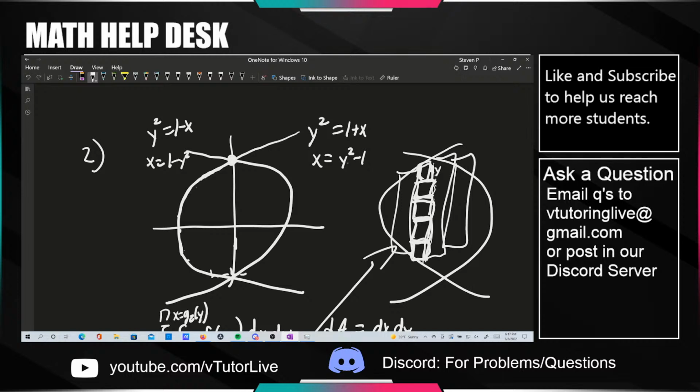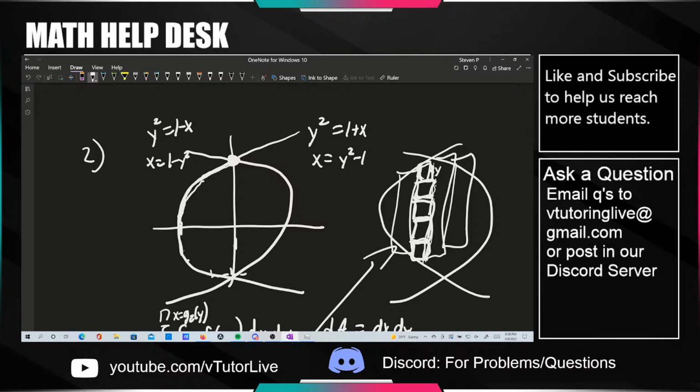Okay, so now when y is equal to 1, we get this value over here. But if y is less than 1, we start going down this way, right? And x becomes negative because the negative 1 is larger than the y squared until y becomes 0 down here, in which case x is just negative 1.